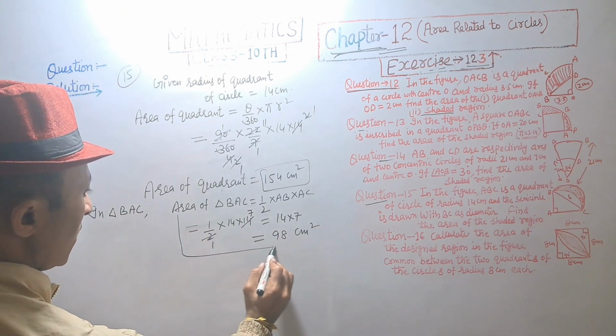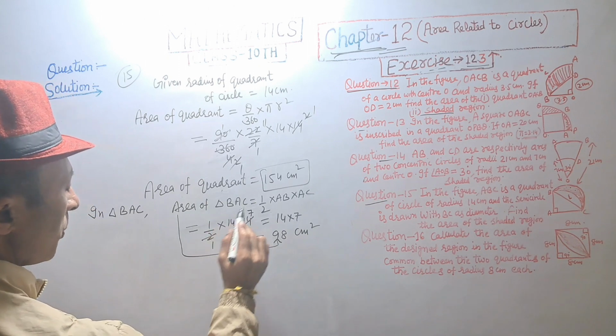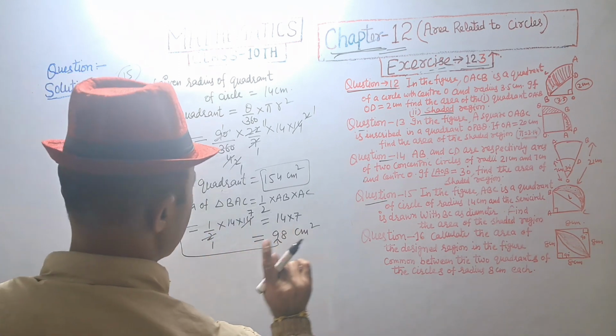Area of triangle BAC equal to 98 centimeter square.